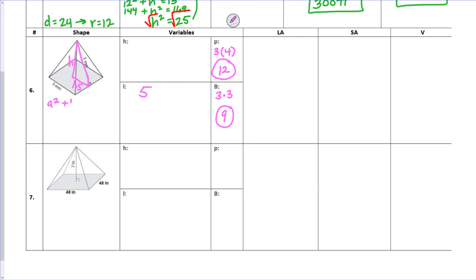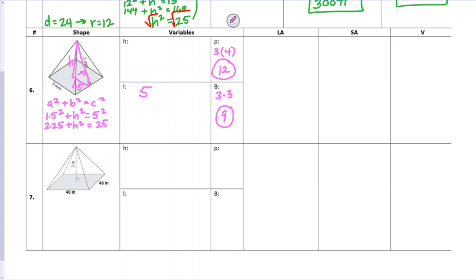So if we do our a squared plus b squared equals c squared, remember c has to be across from the corner. So c is 5. A and b doesn't really matter. 1.5 squared plus h squared. Okay, so now we just got to figure out, well, what is 1.5 squared? That's 2.25 plus h squared equals 5 squared is 25.